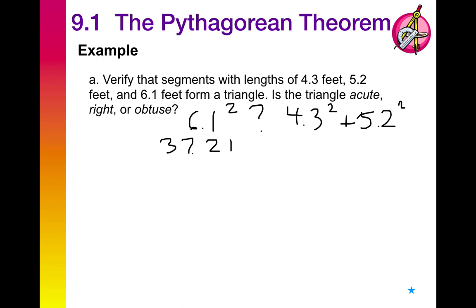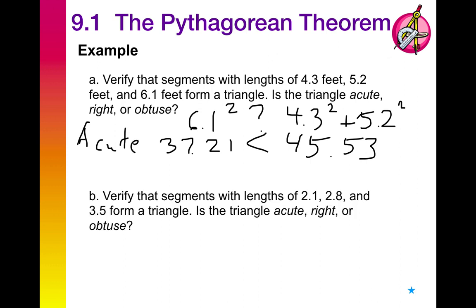And if I take 4.3 squared and add it to 5.2 squared, I get 45.53. And we can see that the third side squared is going to be less than that, so this is going to be an acute triangle.